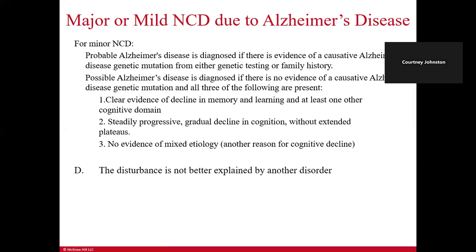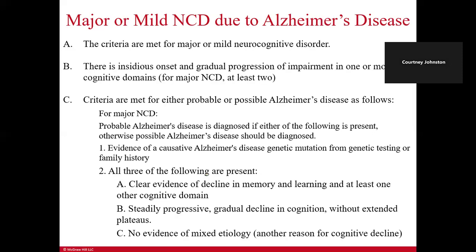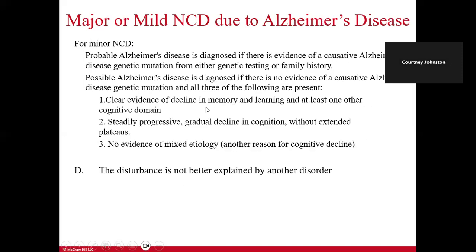Okay, so those are in play, and then again, the disturbance can't be better explained by another disorder. So you have to have that either mild or major neurocognitive disorder diagnosis, and then depending upon which one you have, you are going to have to fulfill these criteria.